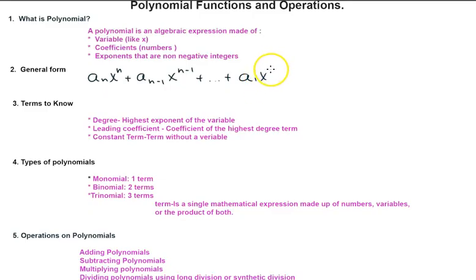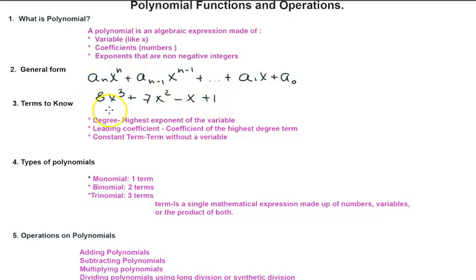I don't have to put power 1, but it's there, plus a_0. And in actual examples of polynomials that you'll be dealing with, it will look something like 8x cubed plus 7x squared, for example, minus x plus 1.